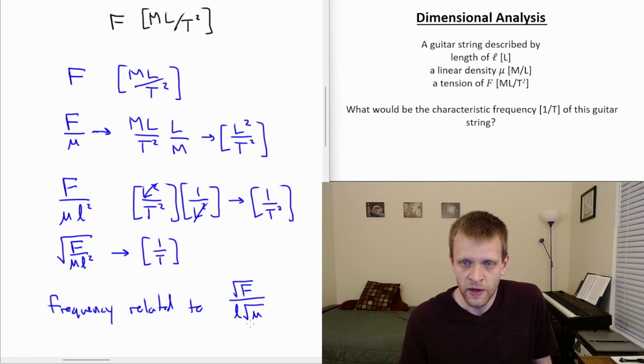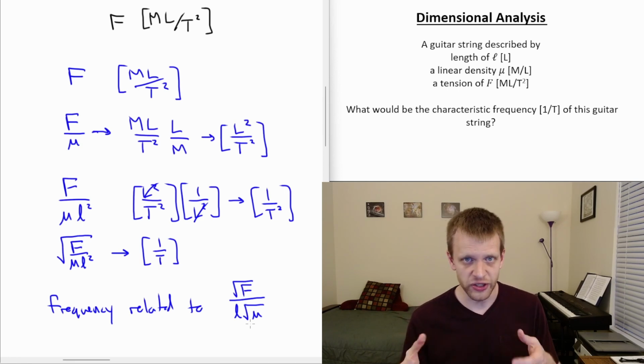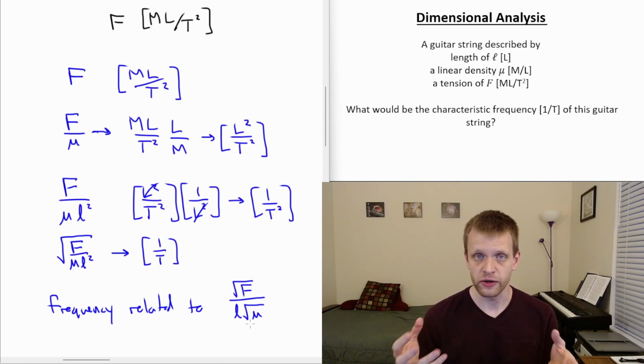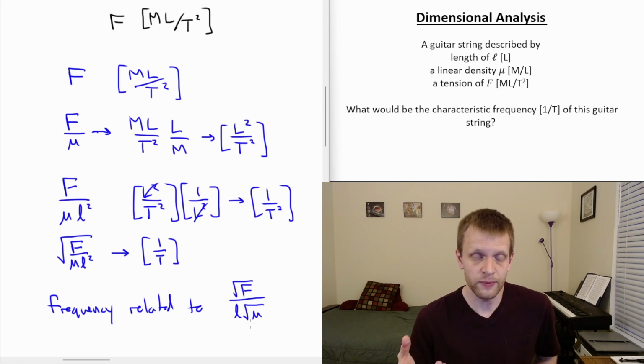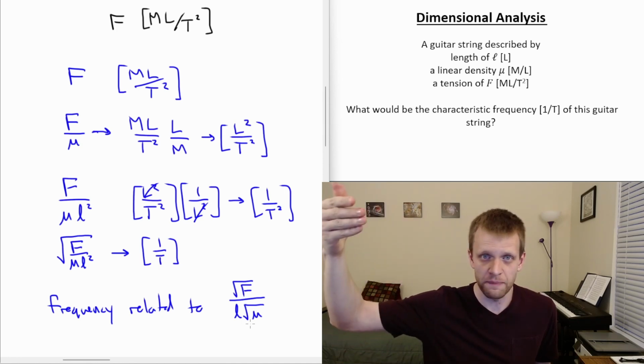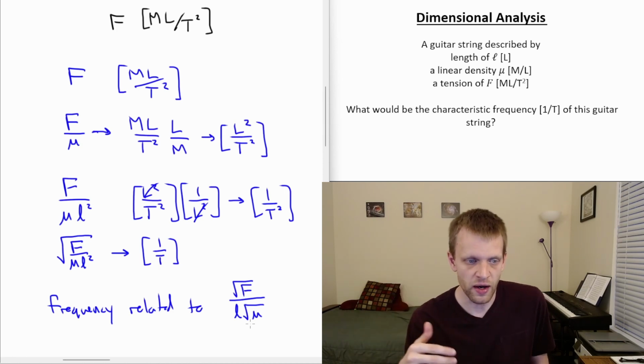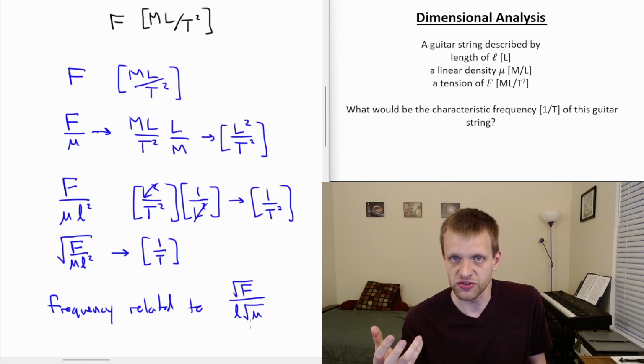Now, this allows us to get a general sense of what this characteristic frequency scale is. If I know what the tension is, the length scale, and the linear density, I'm going to be able to identify approximately, within an order of magnitude, you know, could be larger by a power of 10, could be smaller by a power of 10, but probably in that range, what that frequency is.